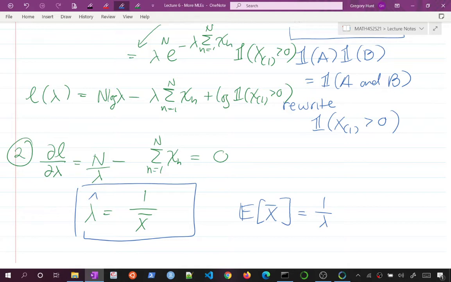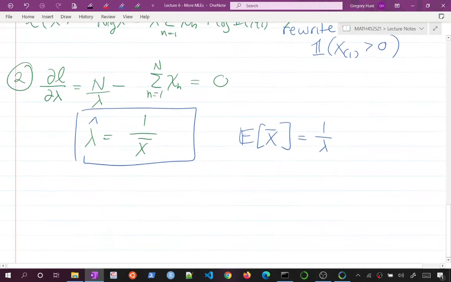The expected value of x bar would be 1 over lambda. So this makes sense. If I want to estimate lambda, basically I'm solving back. So this would be a method of moments estimator also. And this makes sense because lambda hat, the estimate of the parameter lambda, is 1 over x bar. It doesn't have to work that way, but it does in this case.